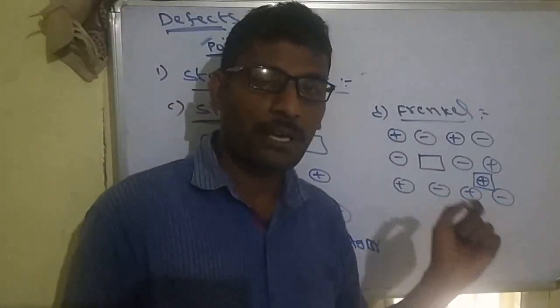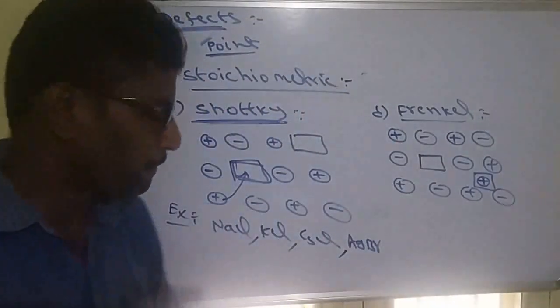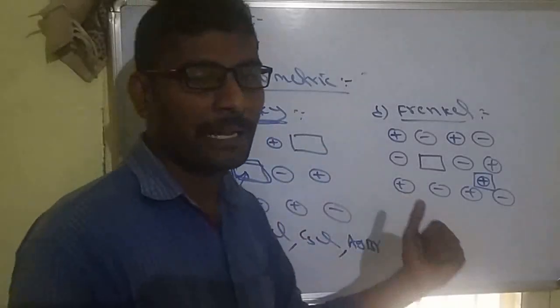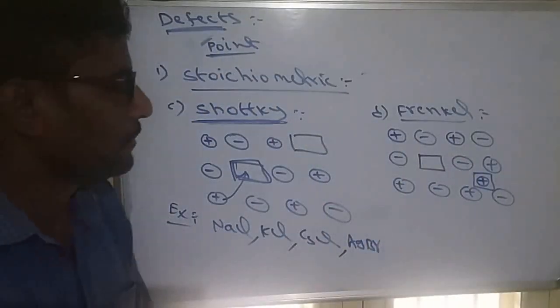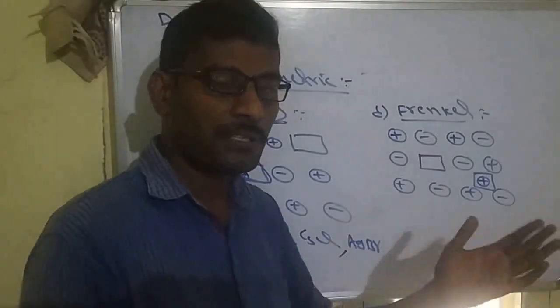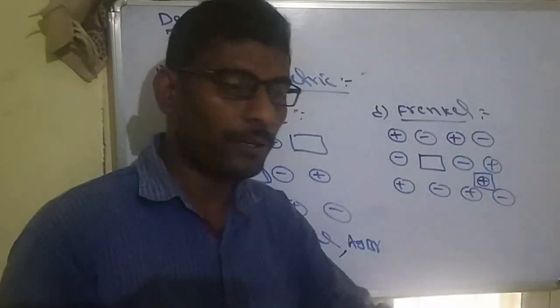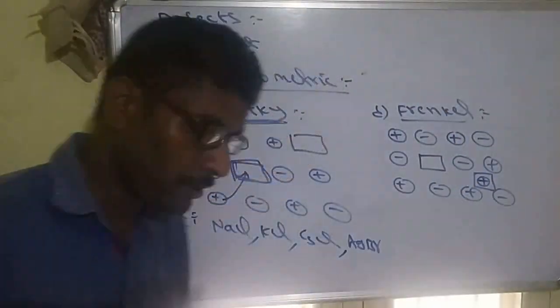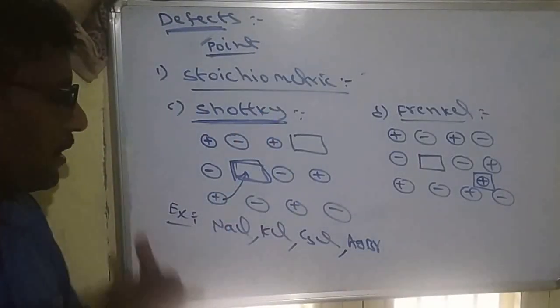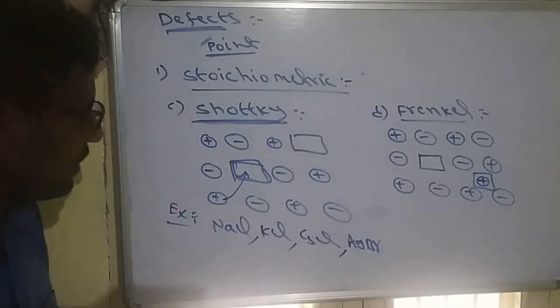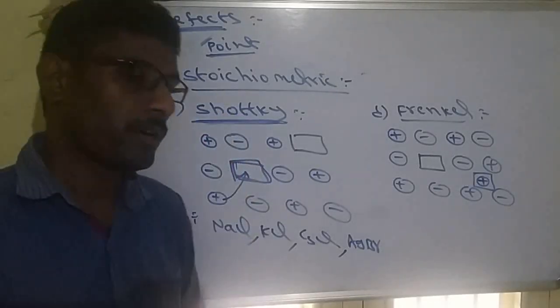Frenkel defects are shown by those compounds whose cation and anion radii have a large size difference. When the size difference between positive and negative ions is very large, they show Frenkel defect. When the size difference is small, they show Schottky defects.